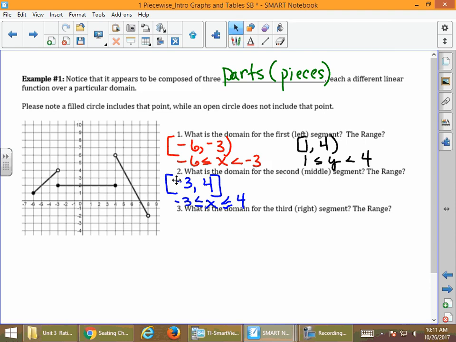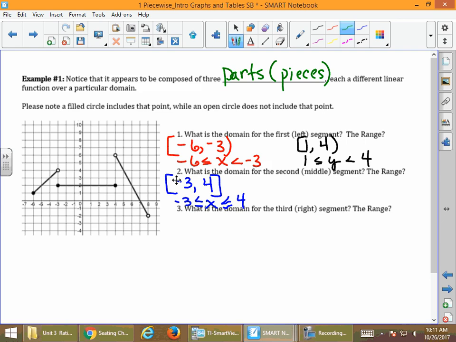When we look at the range, those are the y values on this function. And in interval notation, what we simply need to notice is every single y value on this middle piece is the same. 2, 2, 2, 2, 2, 2, 2.